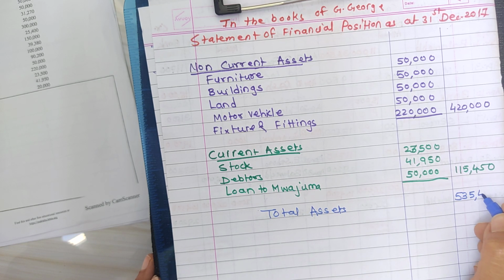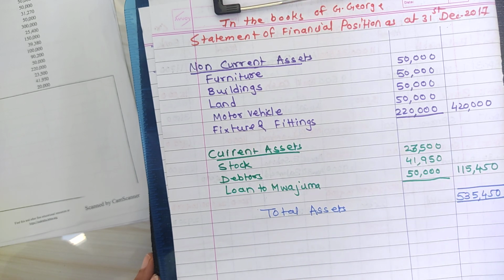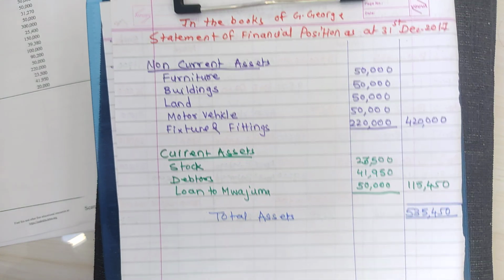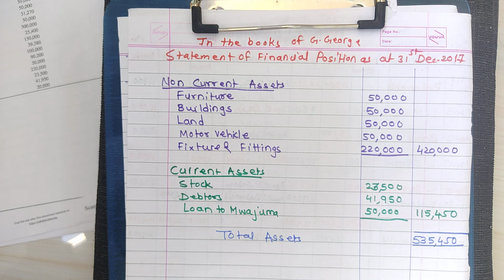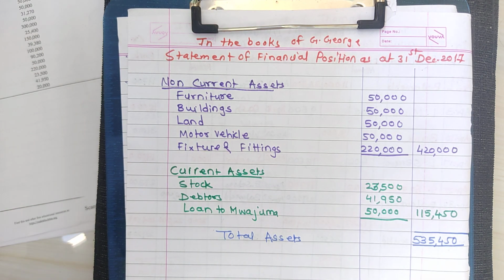So it is 535,450. So you got total assets. So this half part of the question is ready. Afterwards you have to write down financed by. There are different ways. Some deduct less all liabilities, and then at the end you will find out the capital.